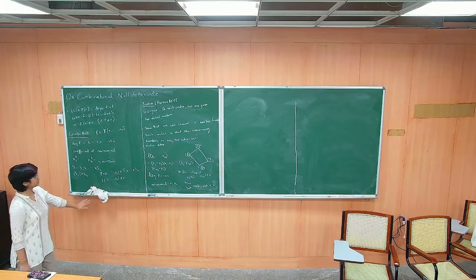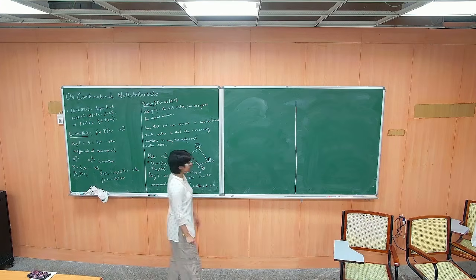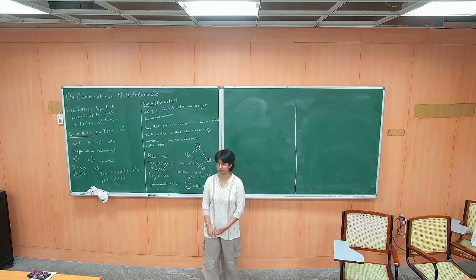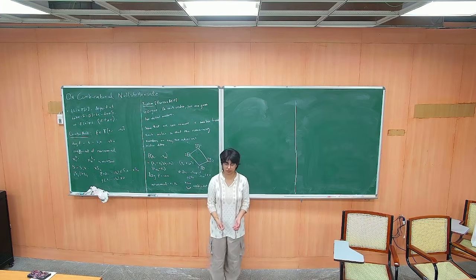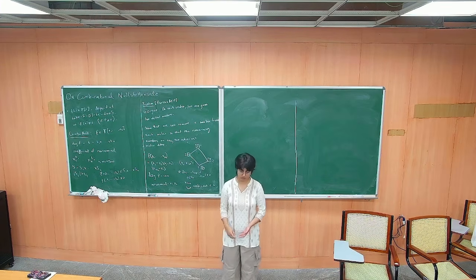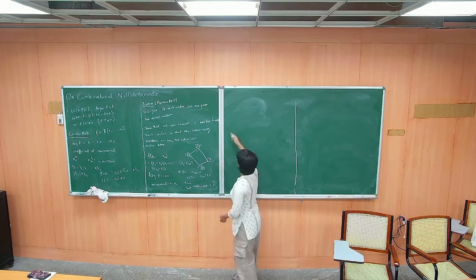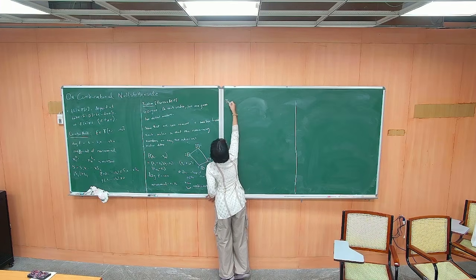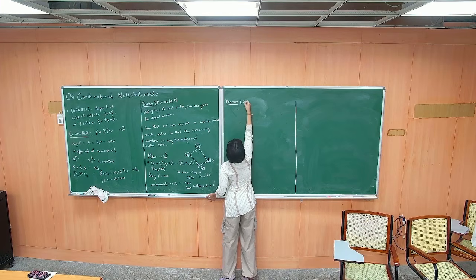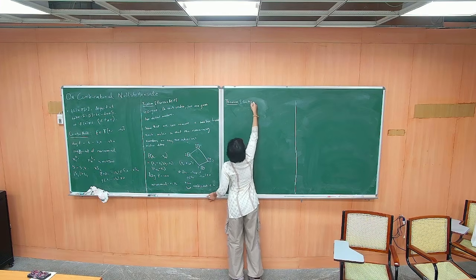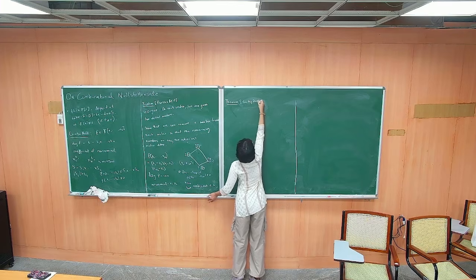Okay, so this thing is nice. Next is another nice combinatorial object you'll see. The theorem is called Cauchy-Davenport, a very fancy name. It's by Cauchy and Davenport.